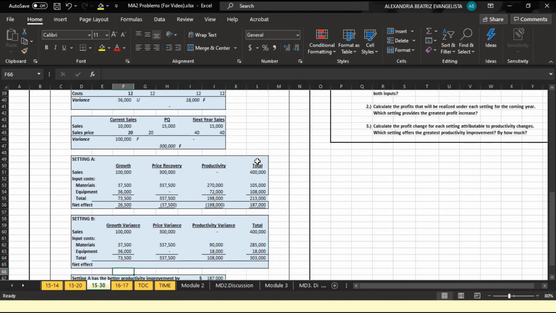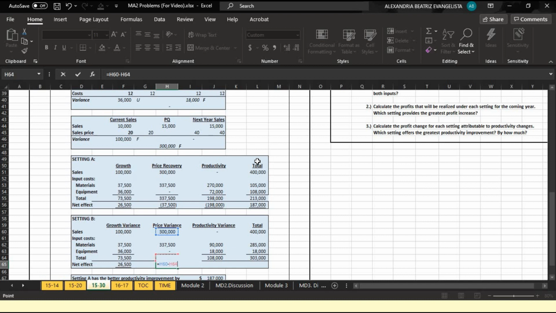Okay. Now let's compute for the net effect. Under the growth variance, that is 100,000 less 73,500, and that would give us 26,500 net effect. And under the price recovery variance, that is 300,000 less 337,500, and that would give us negative 37,500.